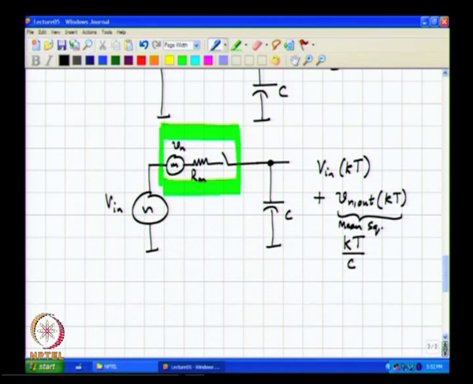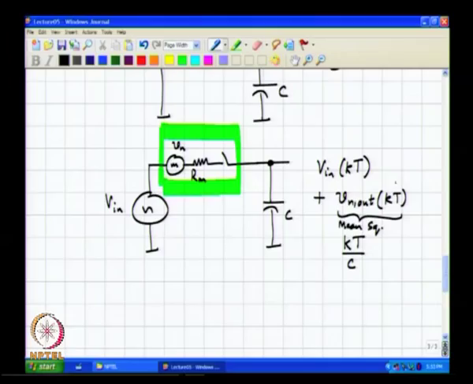So, in other words, the very act of sampling has already added noise. Do you think this is a good thing or a bad thing? Ideally, what do you want to store on the capacitor? You want V in of kT. Please do not mistake this kT for Boltzmann's constant and temperature.